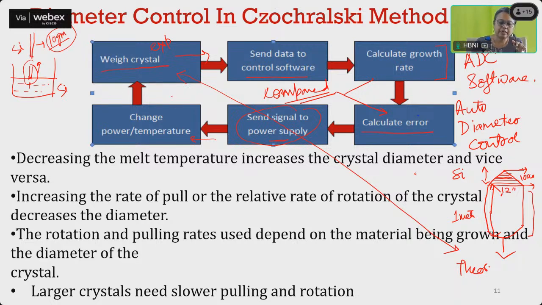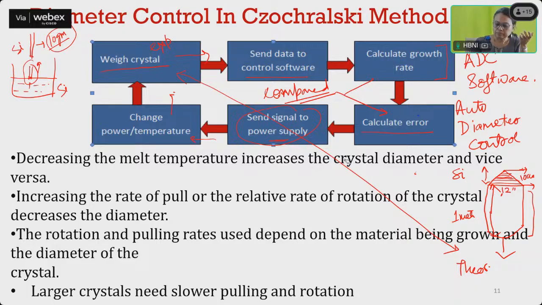So the growth rate decreases, and it will try to match my theoretical value, because my experimental value was more than the theoretical value. If my theoretical value is more than the actual, it will decrease the temperature, a very small decrease, so that the growth rate increases.